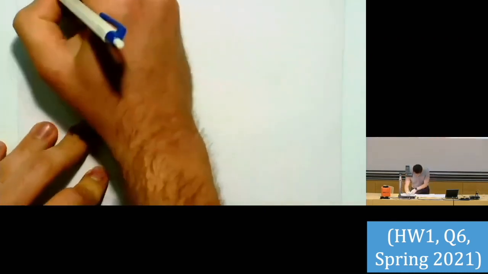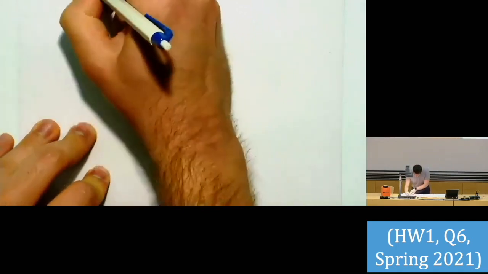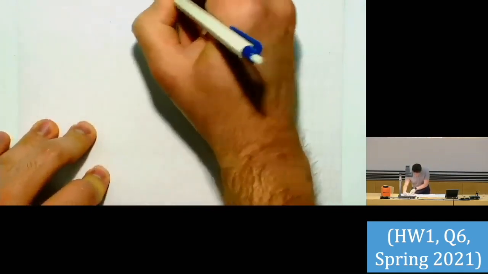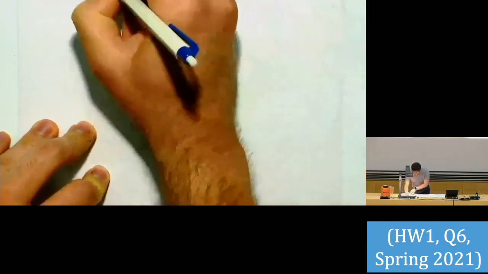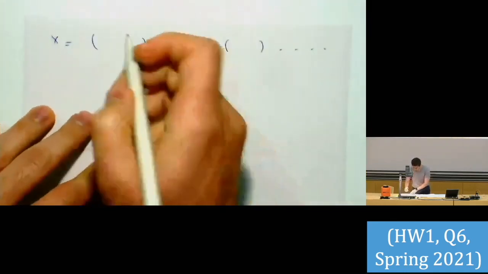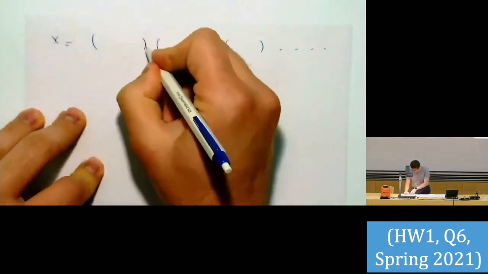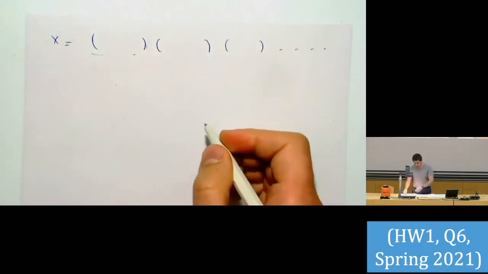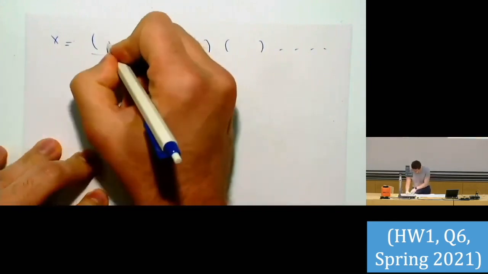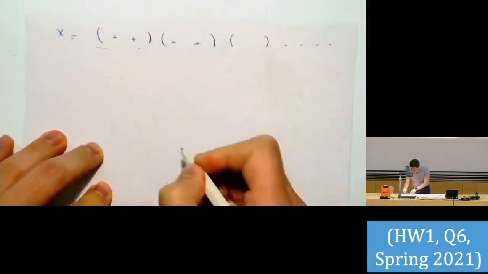In a product of sums, we have terms for X, and those terms are ORed inside and ANDed with each other.